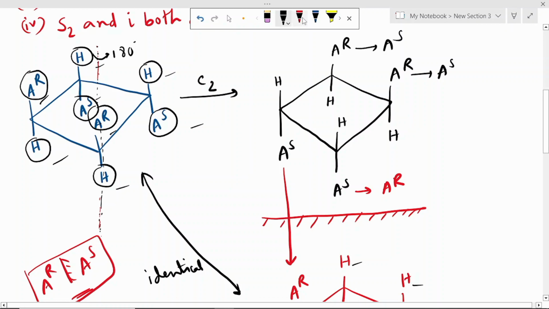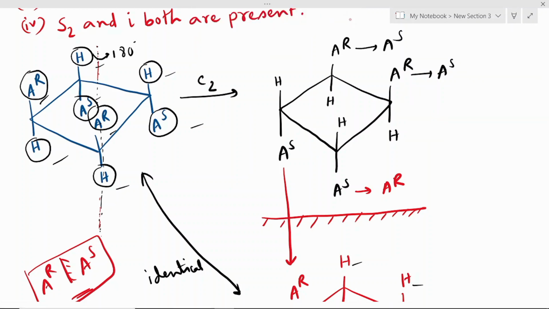So here in the problem we can find that there is no sigma plane, because we have discussed earlier, if there was a sigma plane then the absolute configuration would be opposite, but here the same is found. Here also R and here also R, and here also S and here also S. So there is no sigma plane.